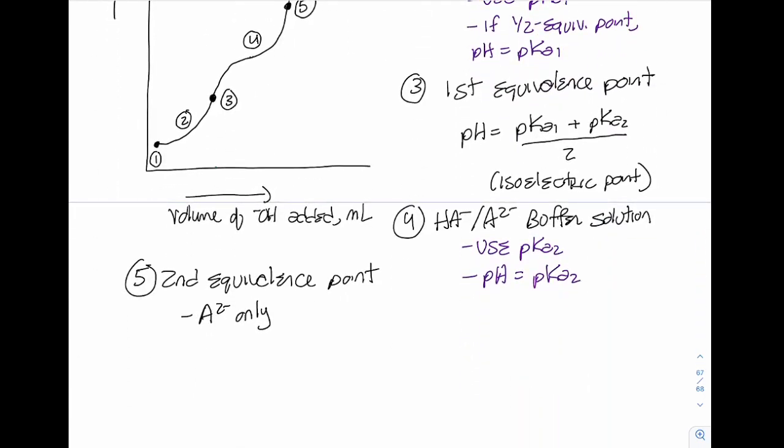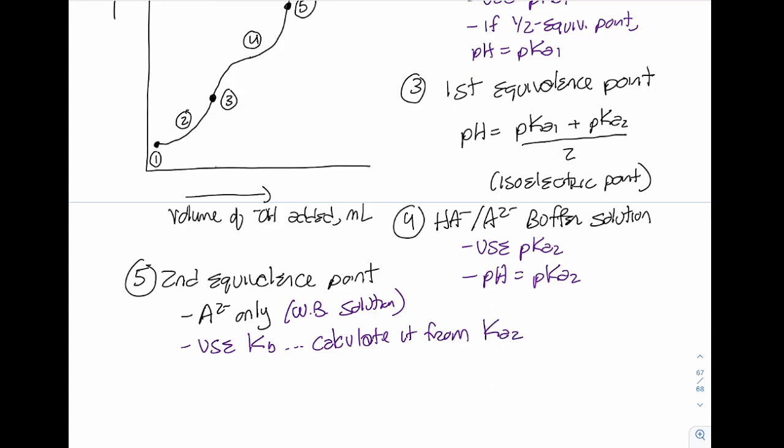So it's a weak base solution. You're going to use Kb, but calculate it from Ka2. That's the one that involves A2 minus.